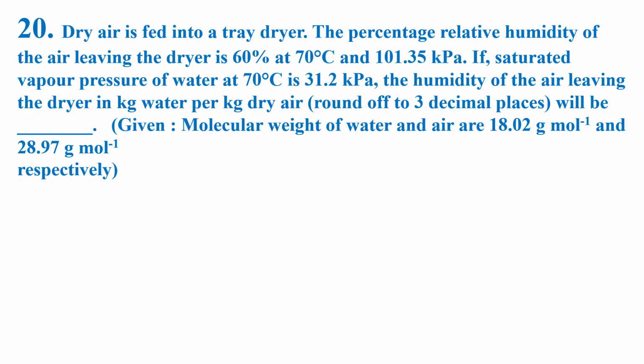So what are the things given? Relative humidity is 60%, temperature 70 degrees Celsius, total pressure 101.35 kilopascal, and saturated vapor pressure of water at 70 degrees Celsius, that is Psat, is 31.2 kilopascal.